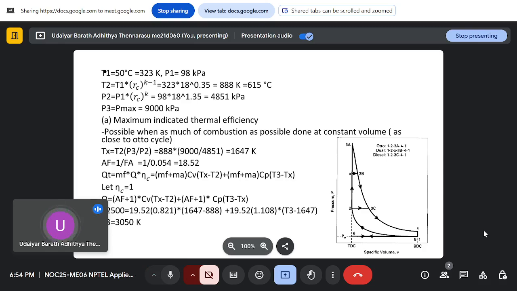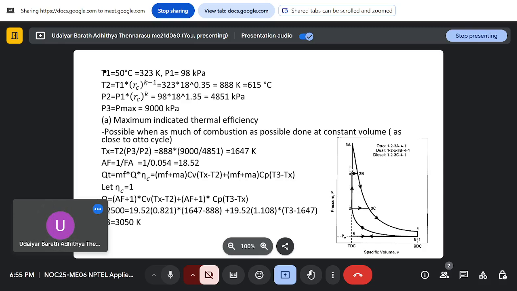So the maximum possible is given by an Otto cycle, but with the limitation that it cannot cross the maximum pressure of 9000 kilopascal. After 2, when you are doing heat addition at constant volume, the pressure and temperature will rise, and it can go to a maximum of 9000 kilopascal.